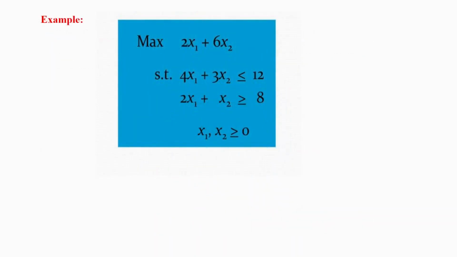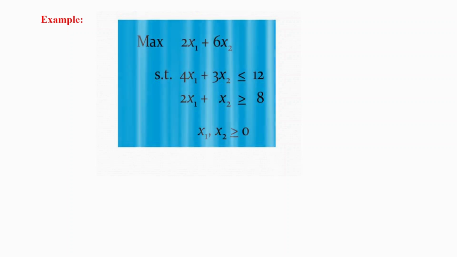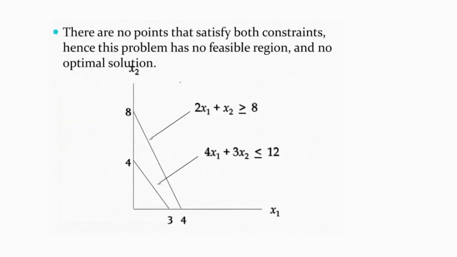In this question, we are talking about the infeasible solution. So maximize z, that is 2x1 plus 6x2, subject to the constraints where one is of less than equal to type and the other is greater than equal to. So when you will be plotting these two lines, what we will see is that we are not able to find out any common region. So if there is no feasible region, any common region between the lines, how would we find the optimal solution?